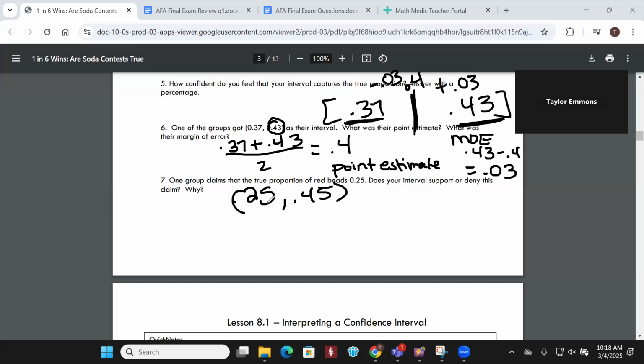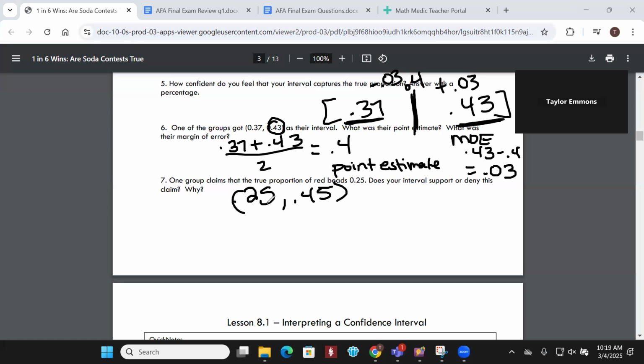We could say that it slightly supports the claim. Remember those LY words? Slightly. But it's on the border, right?